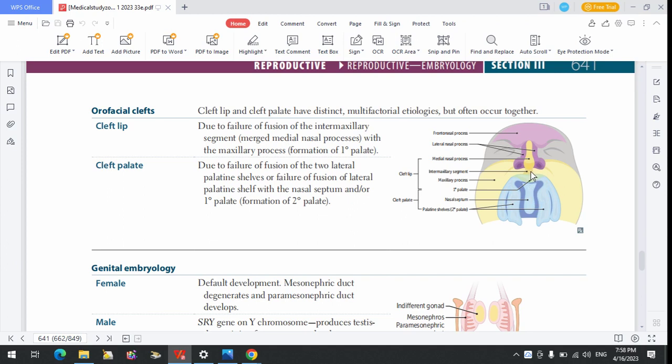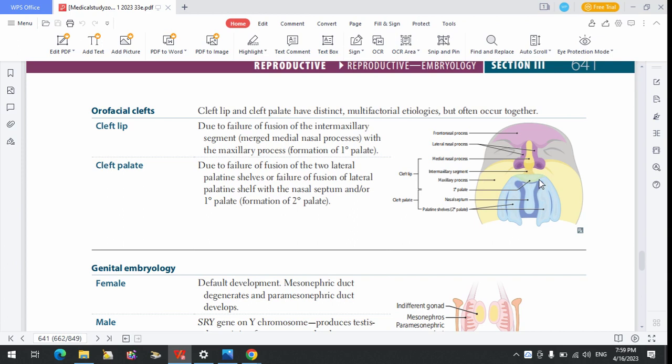This intermaxillary segment doesn't form, or it fails to fuse with the maxillary segment too. So the problem can be at any level. Is it that the medial nasal processes fail to fuse together to form the intermaxillary segment, or the intermaxillary segment is formed but it fails to fuse with the maxillary processes to form the primary palate? So if the primary palate is not being formed, you have cleft lip.